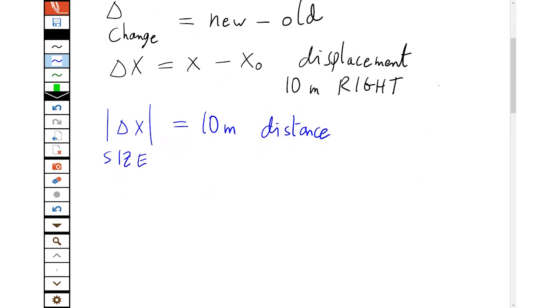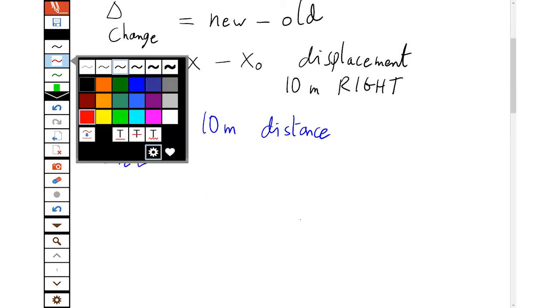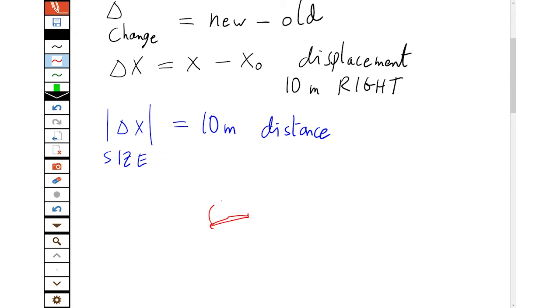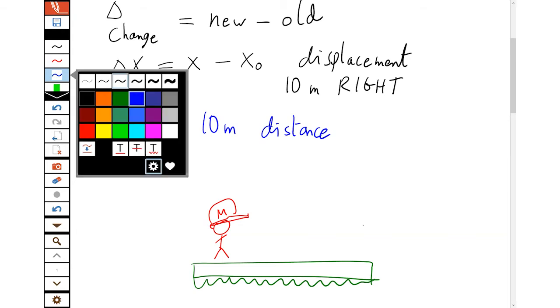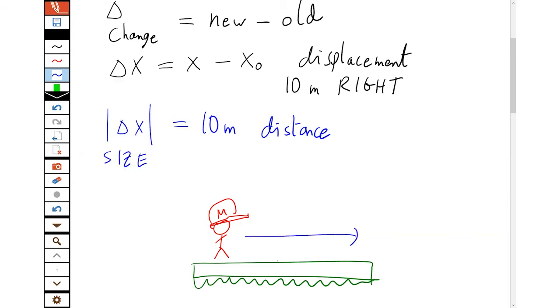For example, let's imagine we had our little Mario. M for Mario. I can't draw very well, so there's a stick figure. Just standing on the edge of that area. Now, if Mario was suddenly to move 10 meters distance, well, that could go right or wrong. Literally right, he'll be okay. Left is wrong.